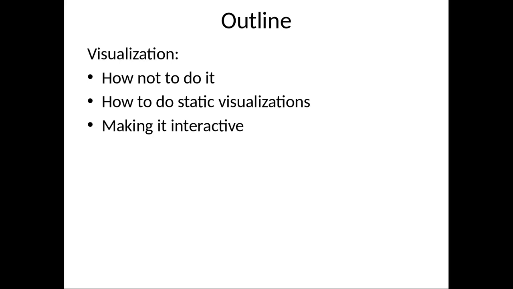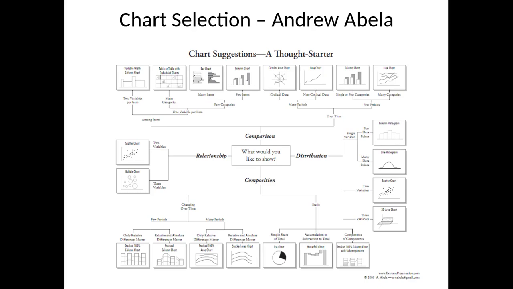Up till now we have considered visualization, when to do it and how not to do it, how to do static visualization and making it interactive. When you are using visualization, it's very important to first choose which types of visualization we need. The basic idea behind choosing visualization is what you would like to show.